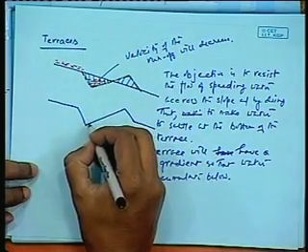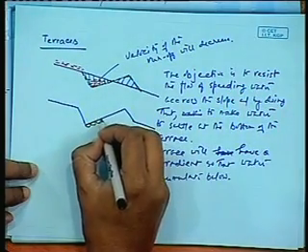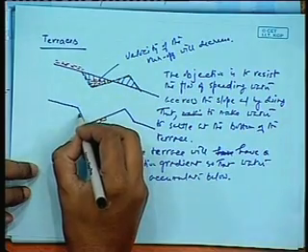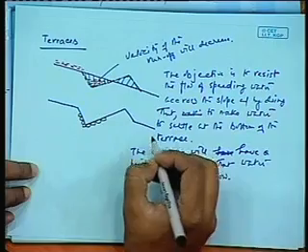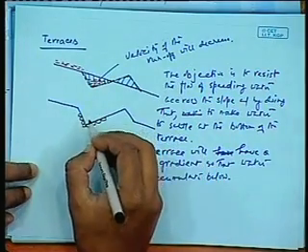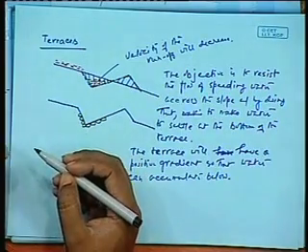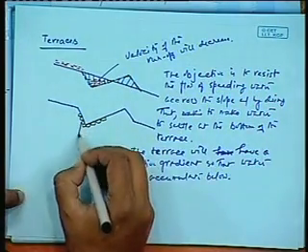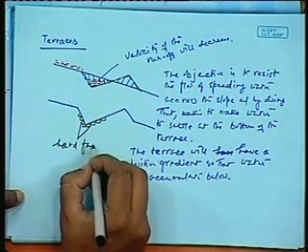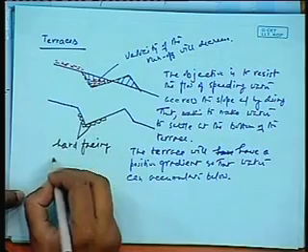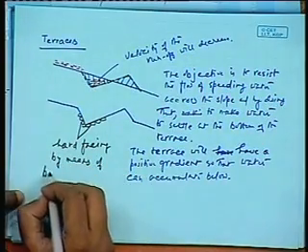Instead of fine particles being here, we would try to put in some boulders and compact this area so that the impact of velocity on the terrace becomes less, and that can substantially reduce erosion. This is hard facing by means of boulders.